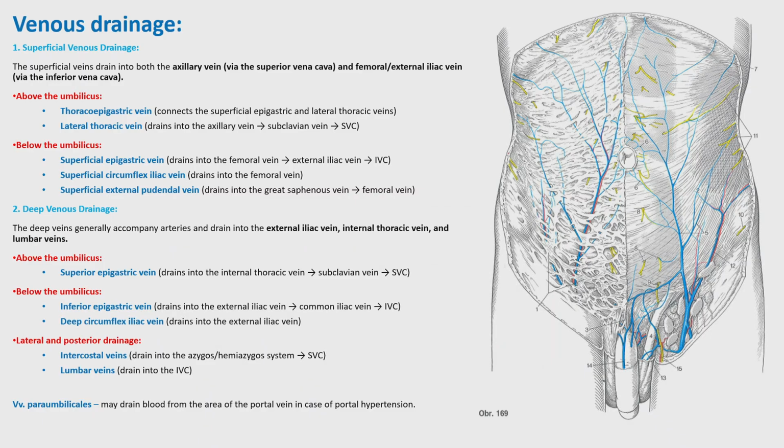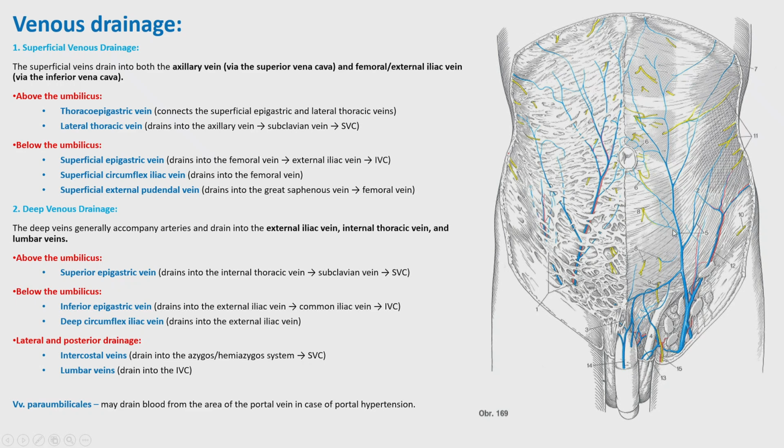Venous drainage, we divide into superficial and deep, and the region above the umbilicus and the region below the umbilicus. Above the umbilicus, they go through the thoracoepigastric vein and lateral epigastric vein.